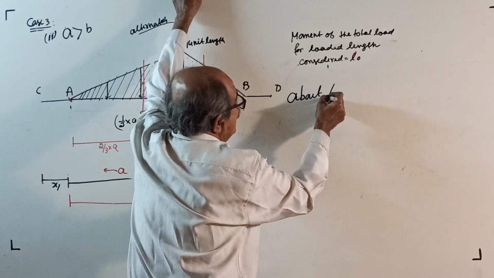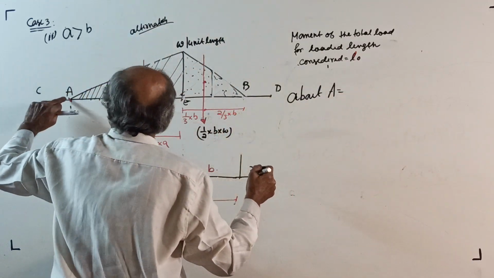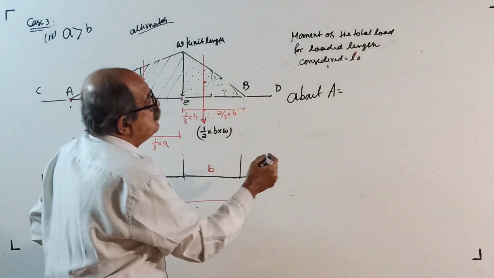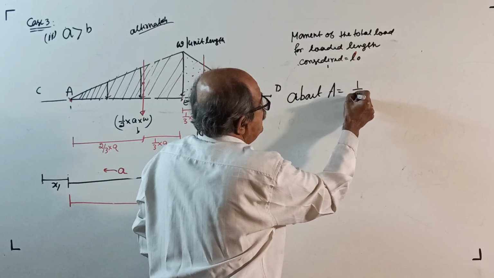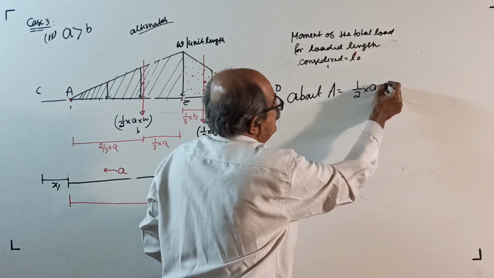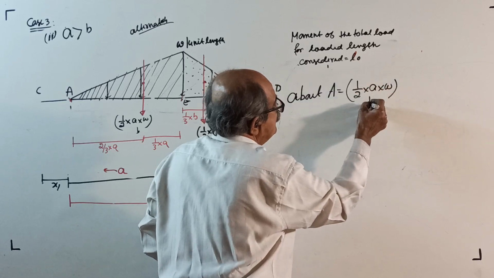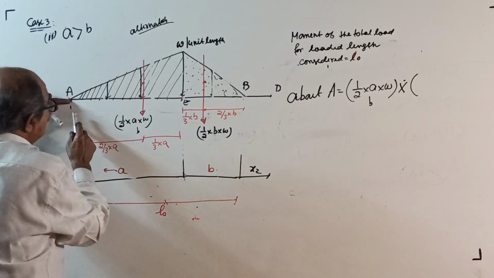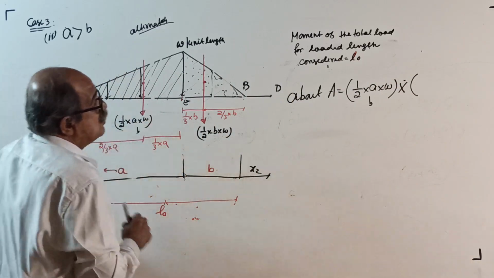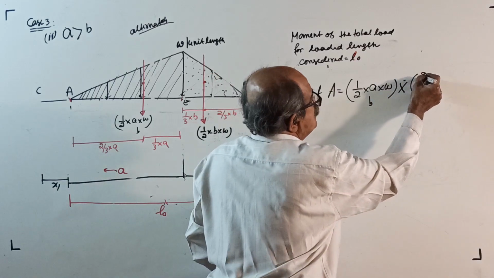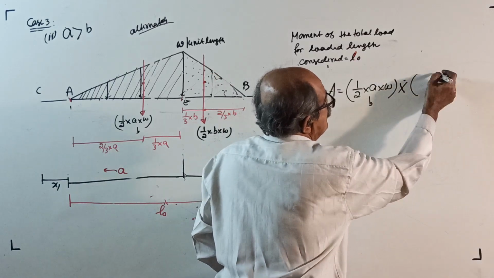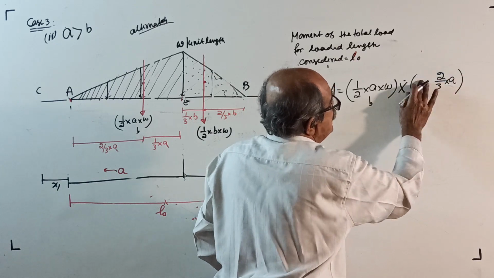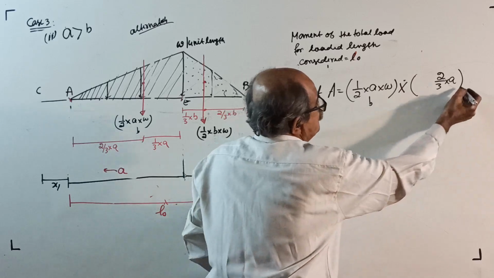Now about A, I write here: this load, half into A into W, is one of the loads, multiplied by the distance from here to this load, 2/3 of A. Into 2/3 of x; this space you don't bother. This is actually clockwise.